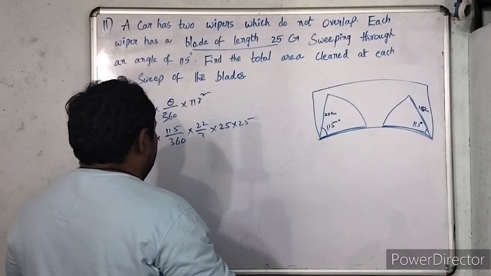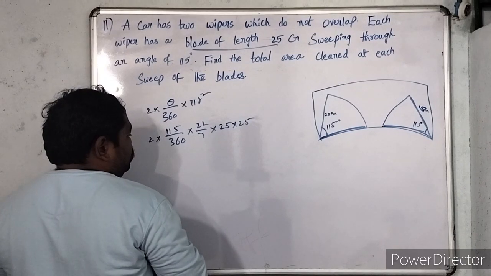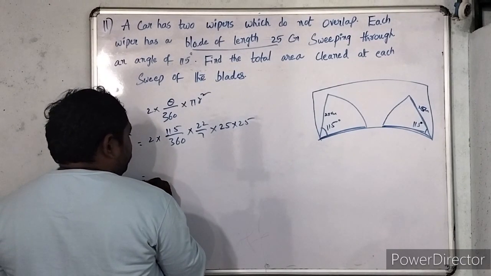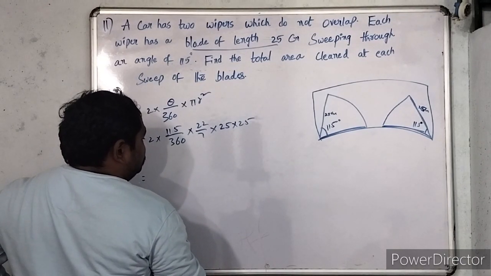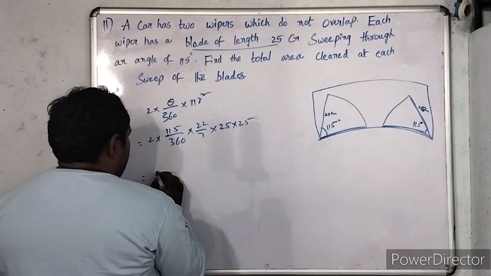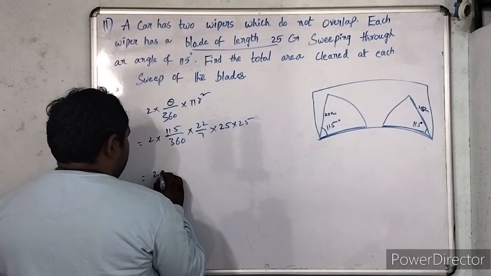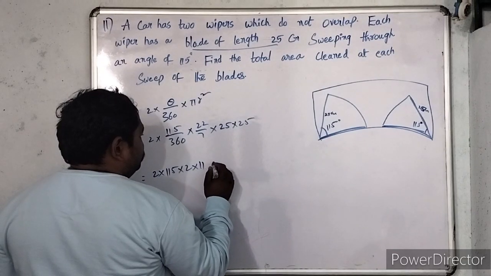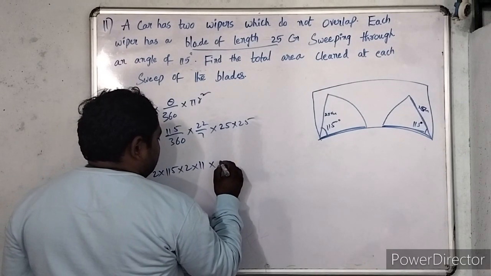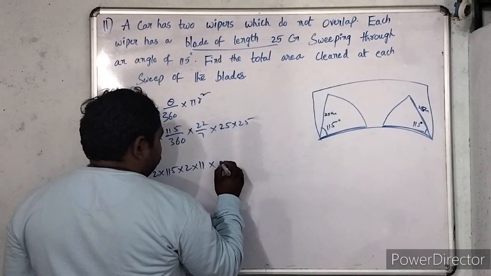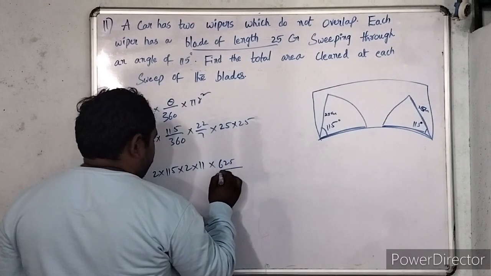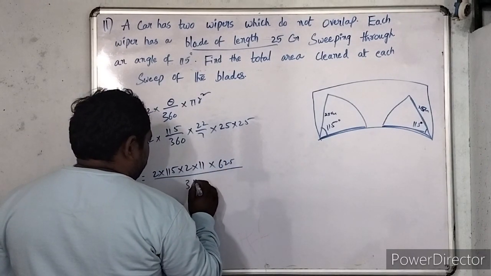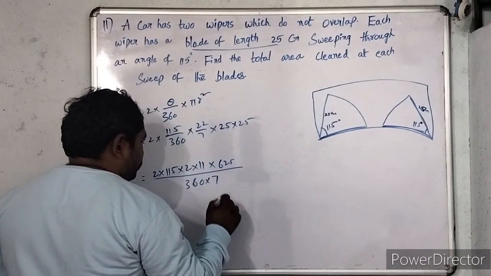Now in the multiplication, 2 into 115 into 22 can be written as 2 into 11, 25 into 25 is 625, divided by 360 into 7.